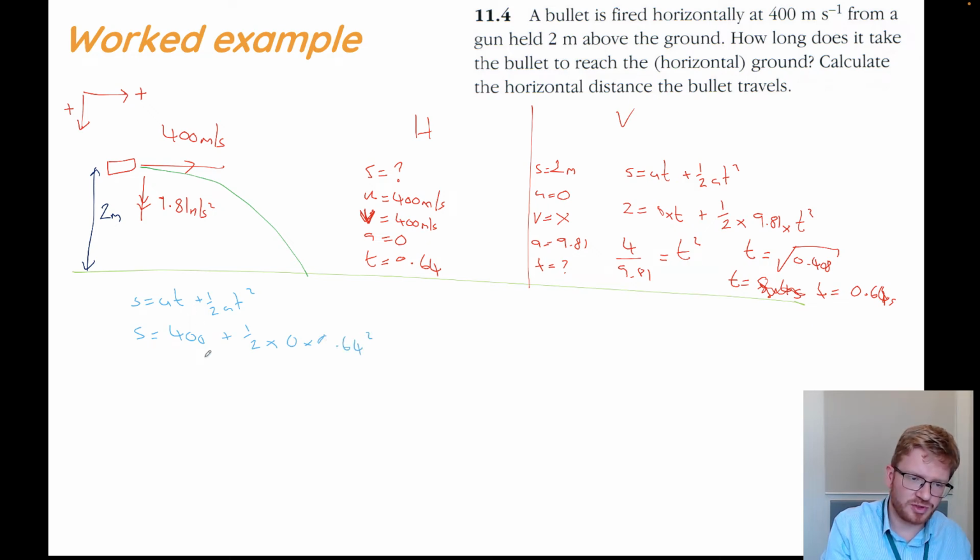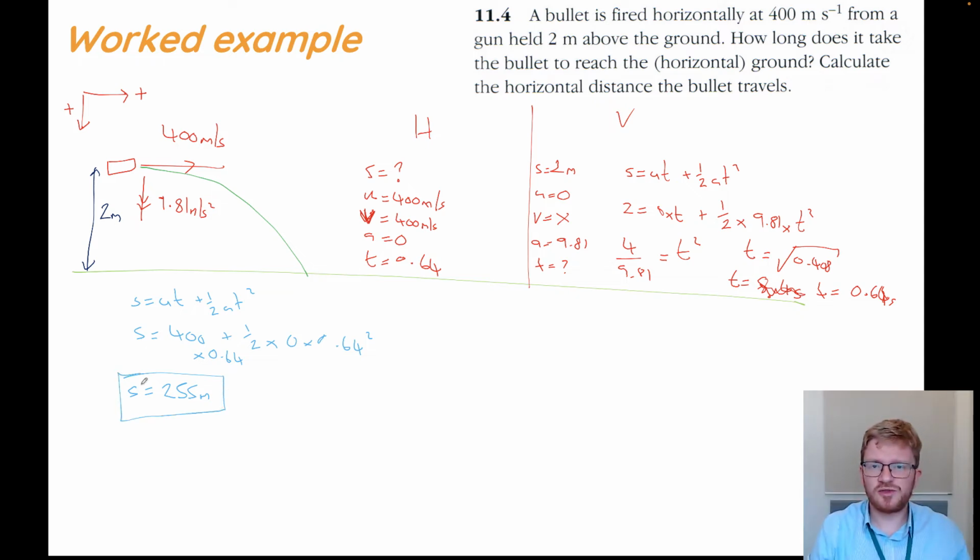I forgot to multiply by the t here, so that's times 0.64. So this side collapses to 0. So S is, let's hope I've done it right this time on my calculator, that looks about right, 255 meters. There's my answer.